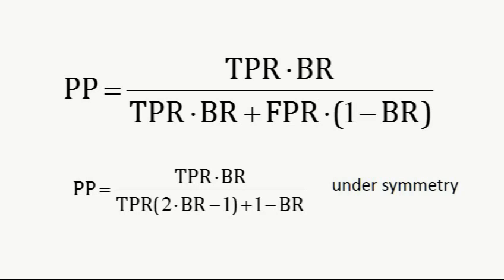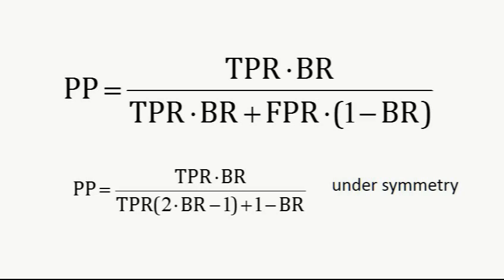To use Bayes' theorem, you need a hypothesis and some evidence associated with it. Once you have these, you need to come up with TPR, which again is the probability of the evidence, given that the hypothesis is true, FPR, the probability of the evidence if the hypothesis is false, and BR, the base rate or prior probability.